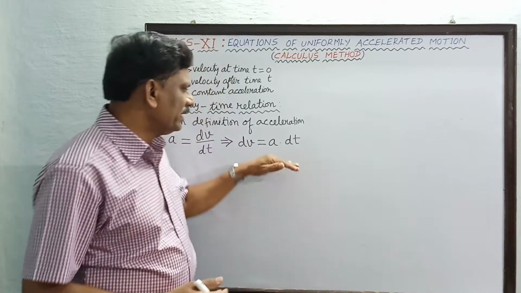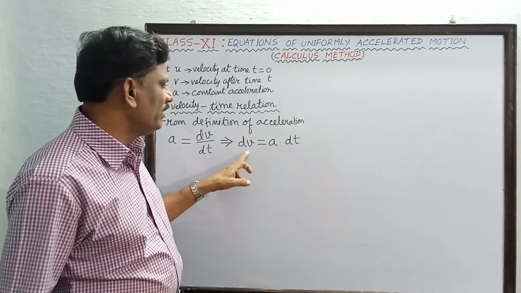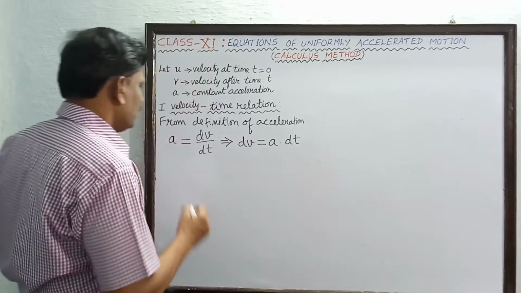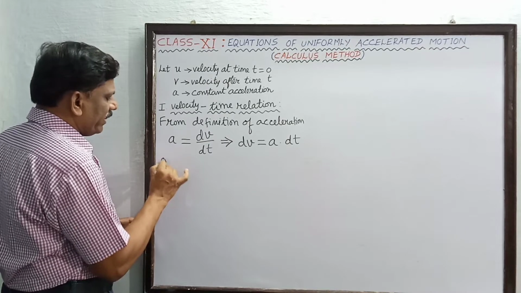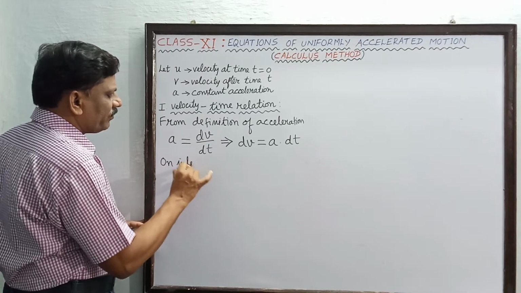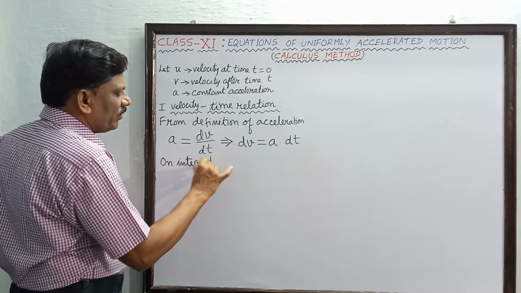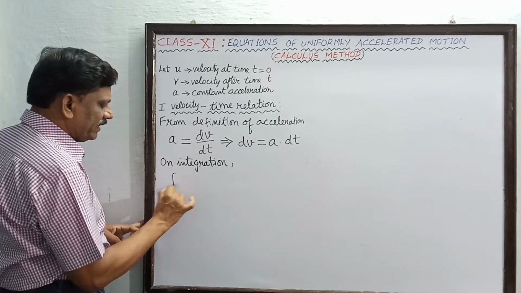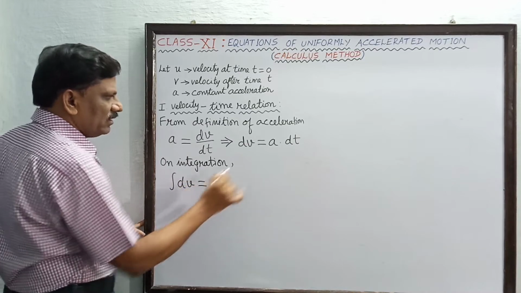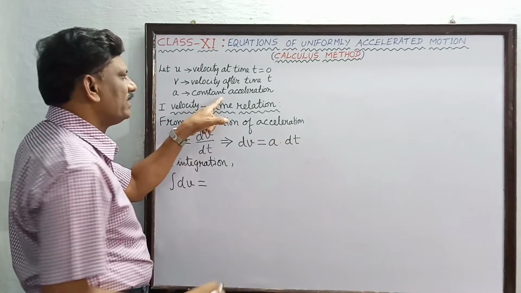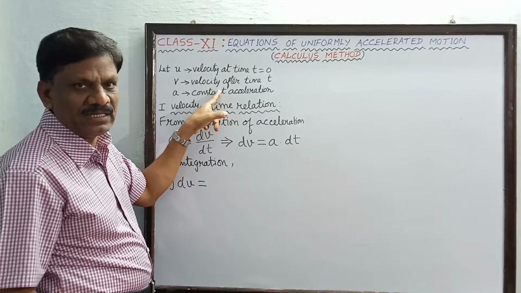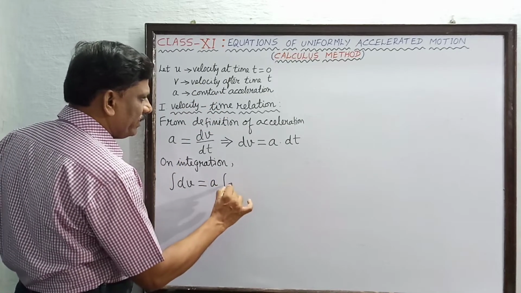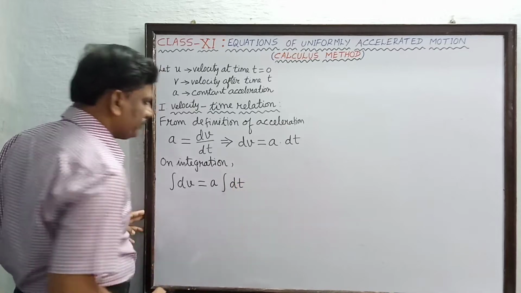So I am going to integrate this equation dv equal to a into dt between the limits. On integration, the left side will become the integral of dv. On the right side, acceleration a is constant, so we cannot integrate it, so I will leave it outside the integral, into the integral of dt.